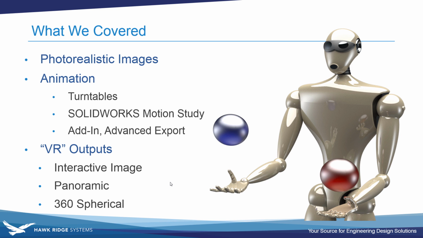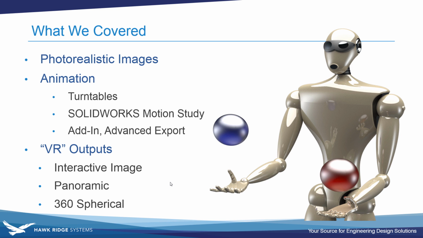And then we talked about the quote-unquote VR or virtual reality outputs. Interactive image, what that does for you, panoramic, and of course the 360 spherical. All right. One thing I will say about those 360 spherical images is that you can export those as HDR.